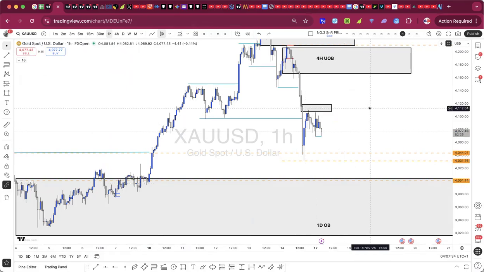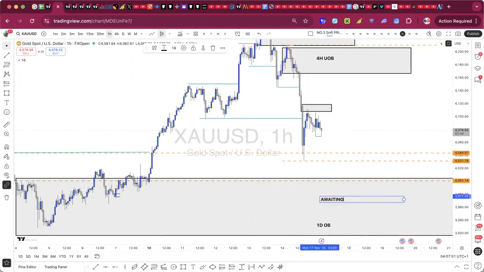So patience is required. Let me just put it this way quickly. Awaiting buy after confirmation.